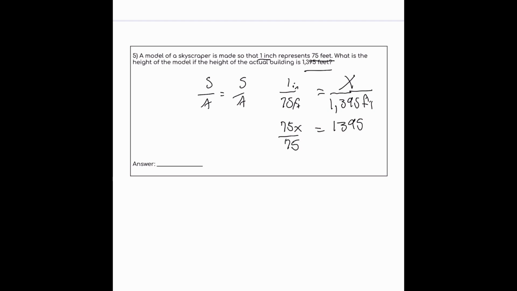Divide by 75, divide by 75, and we get x equals 18.6. So the height of the model is 18.6. Of course, it's not going to be 18.6 feet. Let's put the correct units down, 18.6 inches.